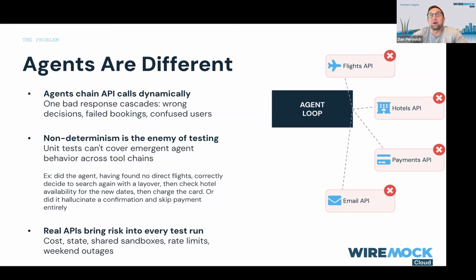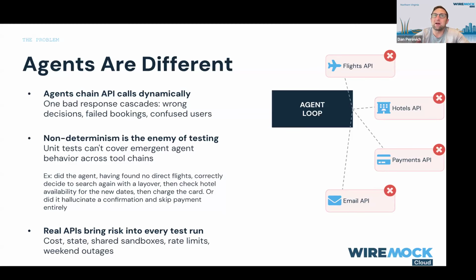For example, here I have an example. Did the agent, having found no direct flights when it queried a flight API, correctly decide to search again, this time including a layover, or maybe plus or minus 1 day of departure times?